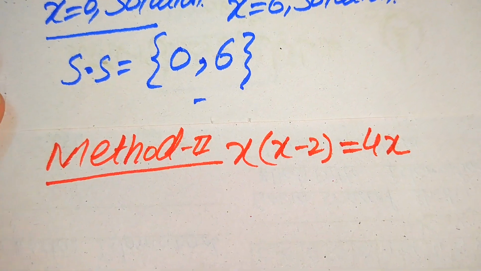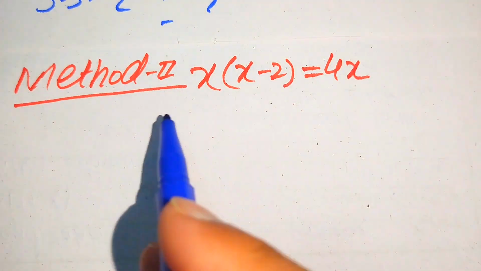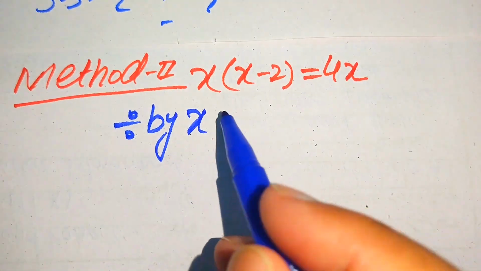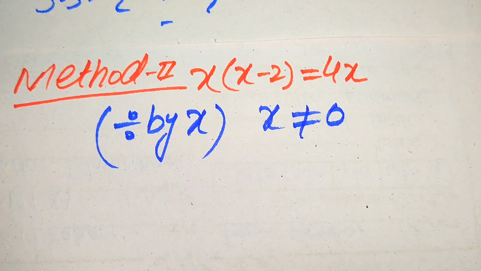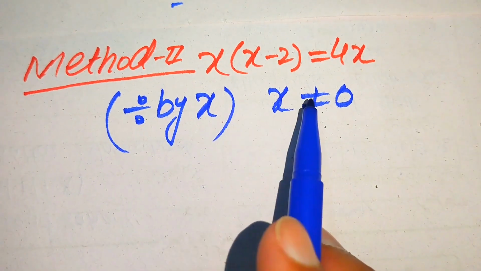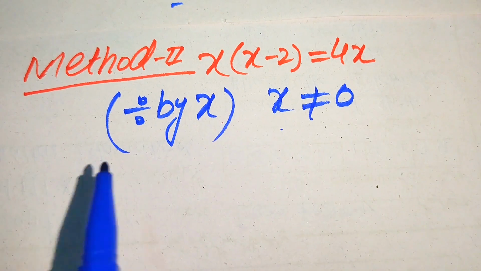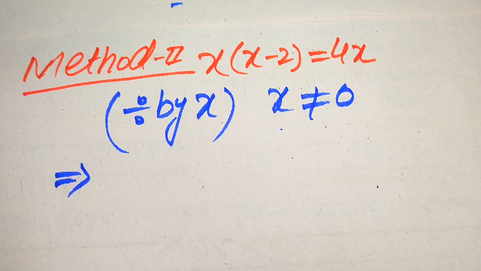In the second method, we divide both sides by x. Here we have the condition that x is not equal to 0, because if x is 0 we cannot divide by x; dividing by 0 is undefined, so we cannot solve further.